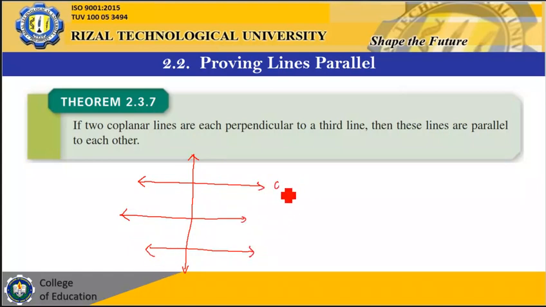So let's have line A, line B, line C, and line D, and the symbol for perpendicularity, because according to the hypothesis, the transversal is perpendicular to the lines.